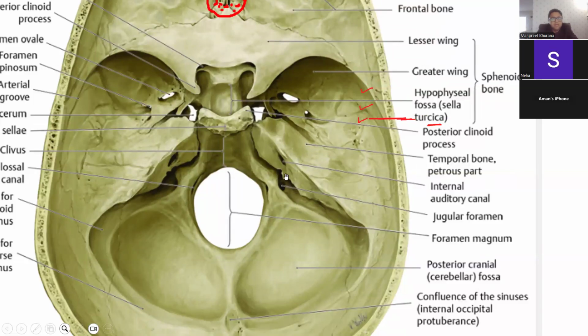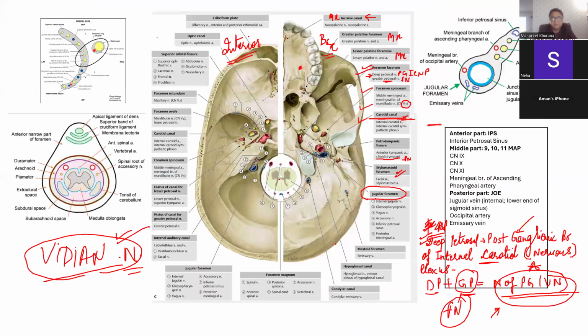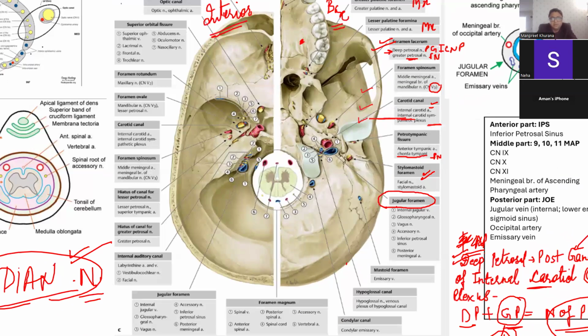You can see a big foramen, which is the jugular foramen, right? There are a lot of structures passing through this foramen, so we will see a magnified version of it.